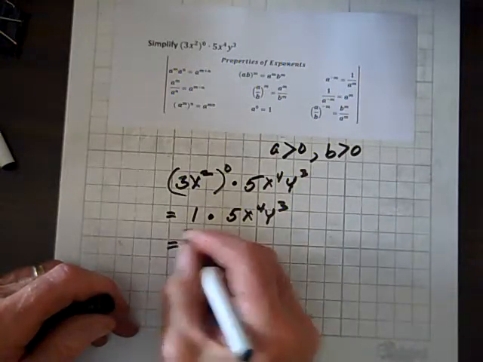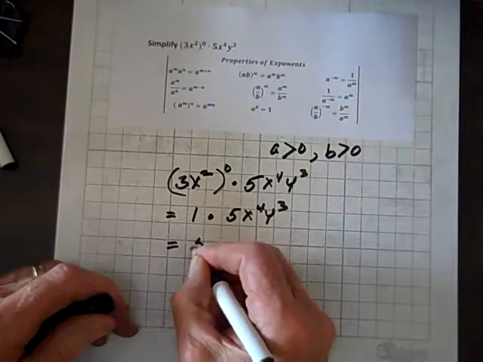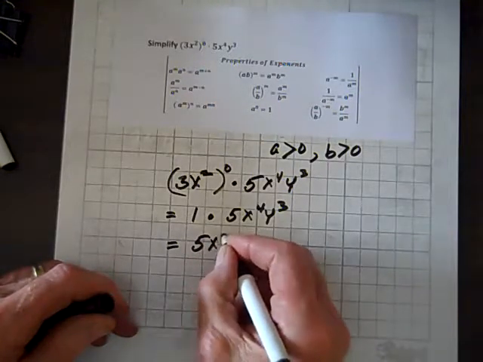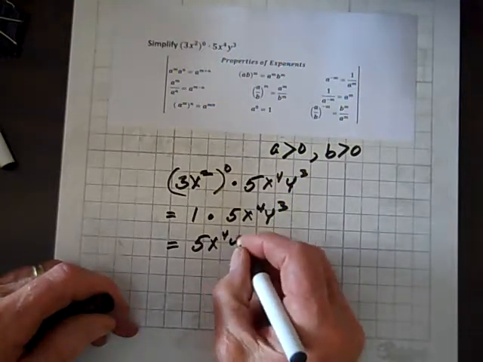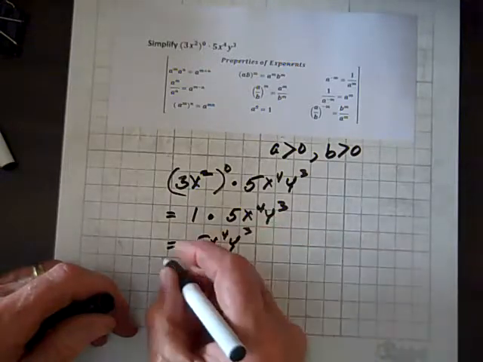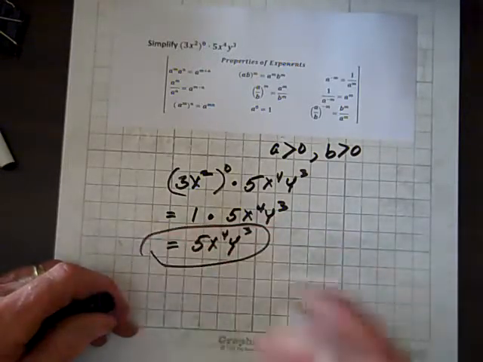And of course 1 times anything is itself, so we just get 5x to the 4th y cubed, and we are done.